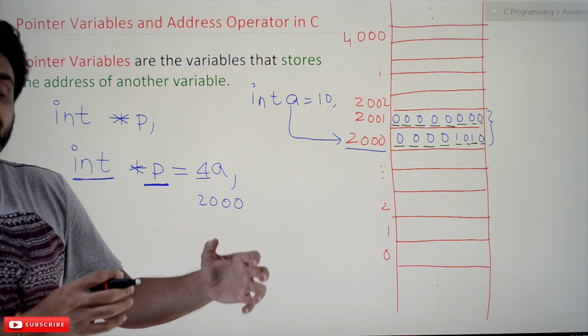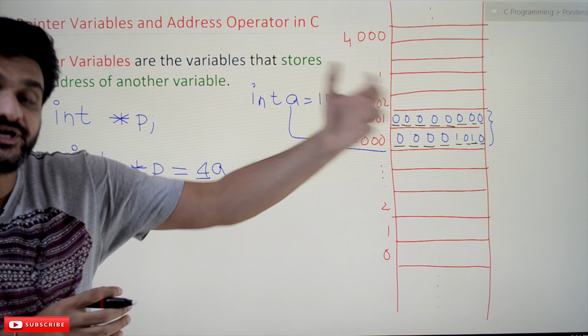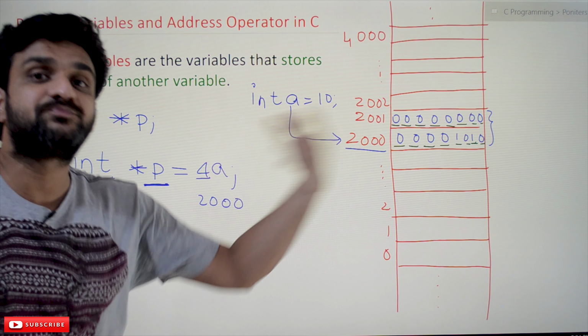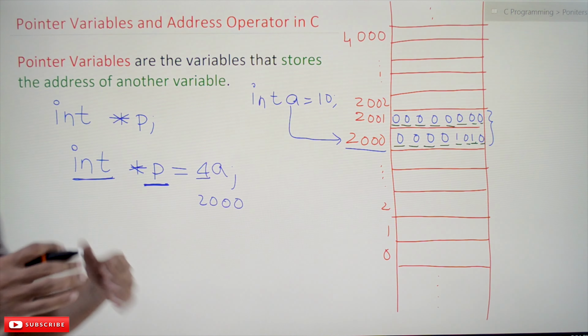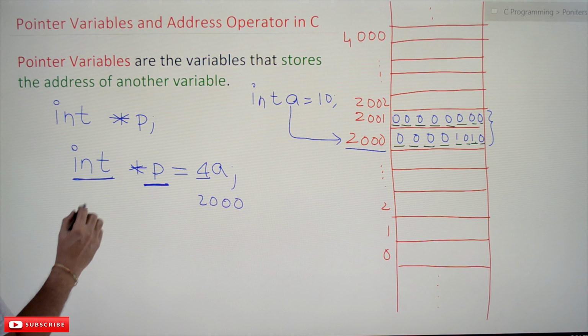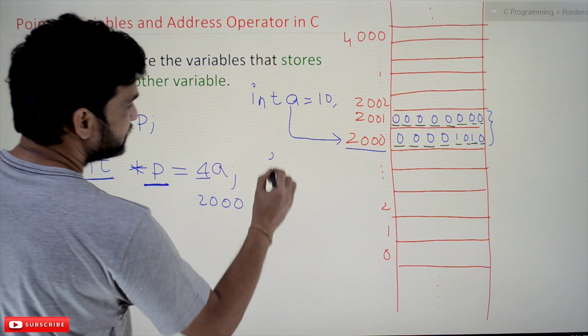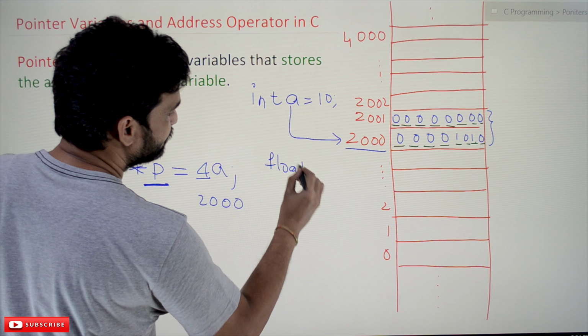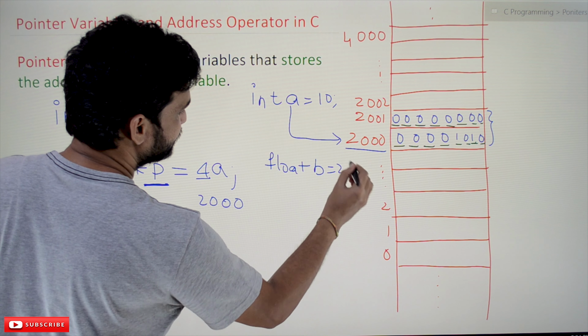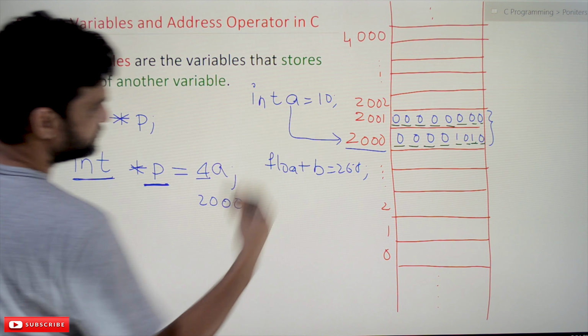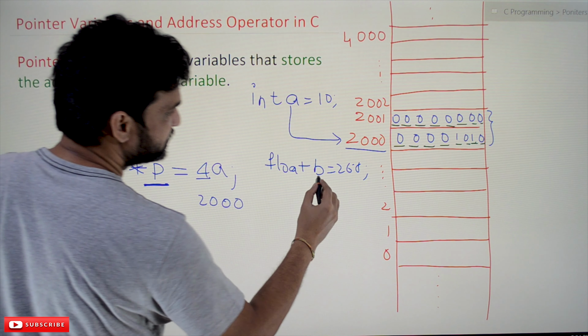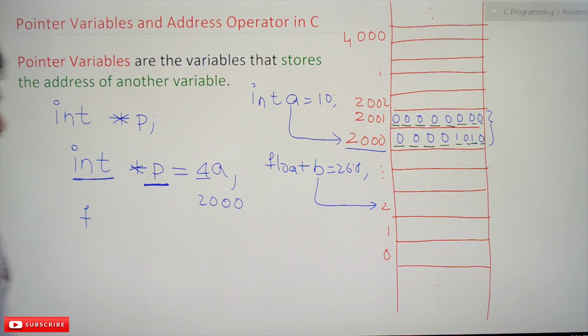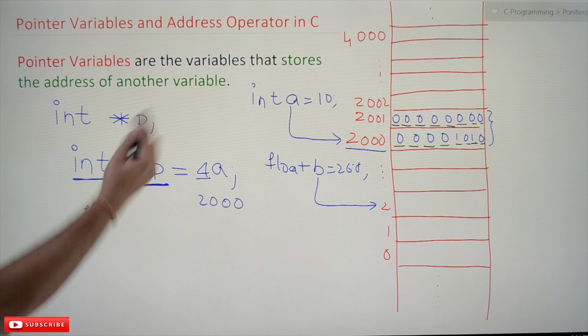For example, if we want to store the address of a floating point variable, how does that pointer have to be declared or initialized? Say we have a floating point variable called b, storing 26.5, and it has been stored at some address, say 2.